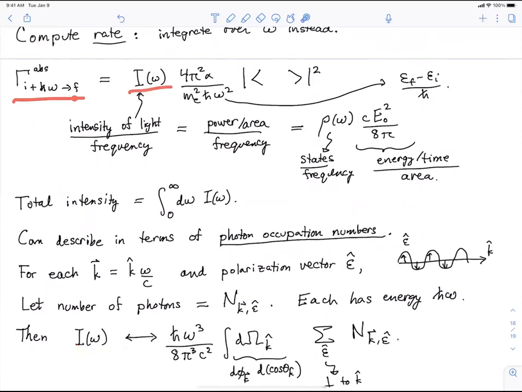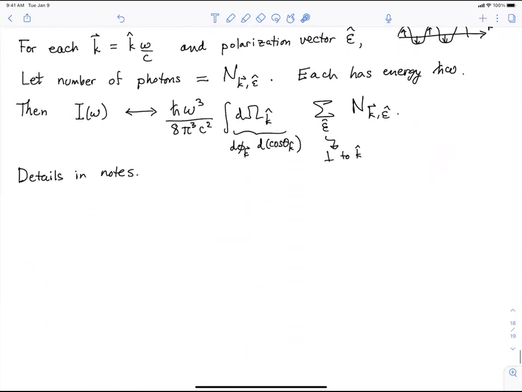This is the rate for it to happen. Okay, but now let's turn from absorption to emission of light. The good news is that we've already seen all the difficult math that we have to do. It's going to be the same math.